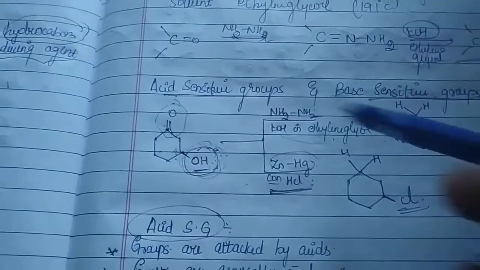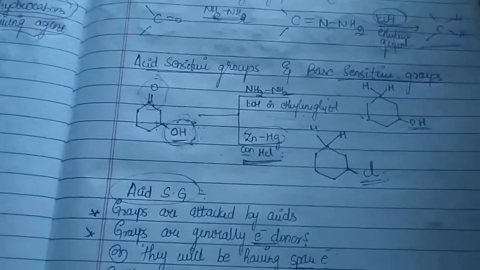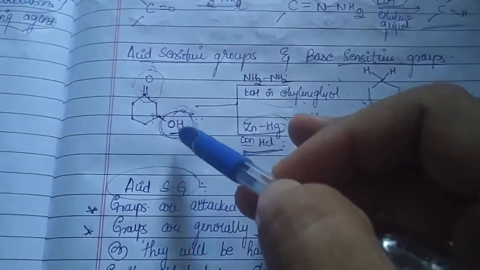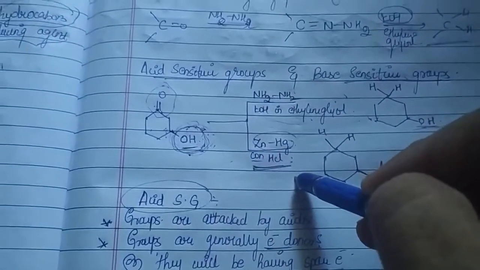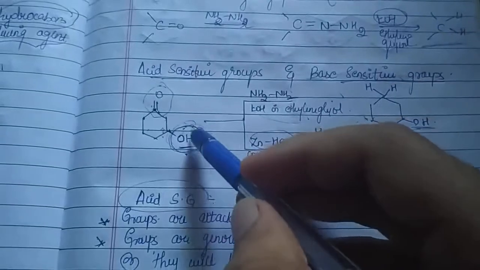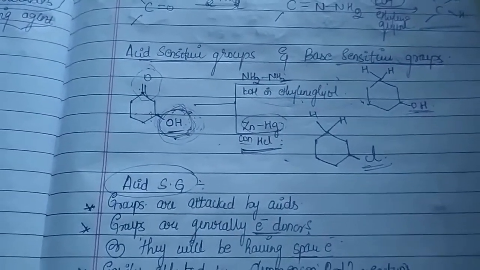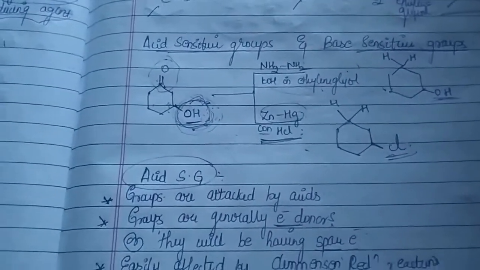Now the question arises whether those groups will also get reduced or not. In that case, you have to remember: whenever you have acid sensitive groups, those groups will easily get reduced in the presence of Clemmensen conditions. Is that clear? But if the groups present are base sensitive, then they will get reduced with respect to the Wolff-Kishner reduction.